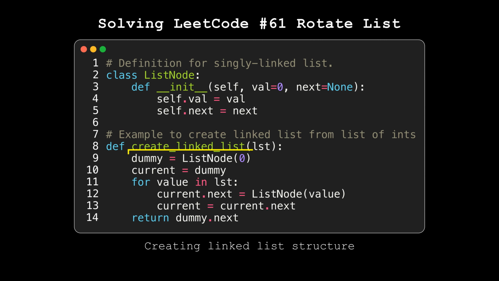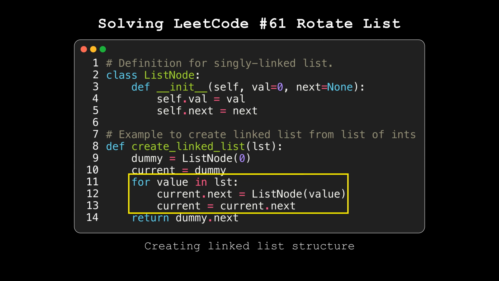This utility function creates a dummy node initially, then traverses through the list of integers, creating nodes sequentially and linking them. This setup will help us in quickly testing our example cases, converting human-readable lists into actual linked structures that our function operates on. Once this setup is done, we'll tackle the main problem next.